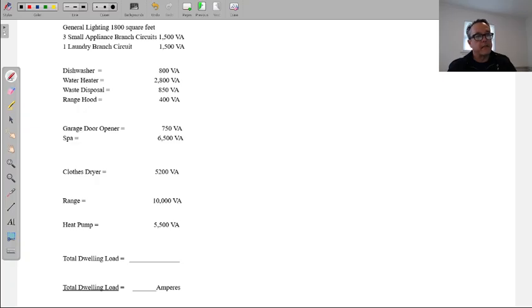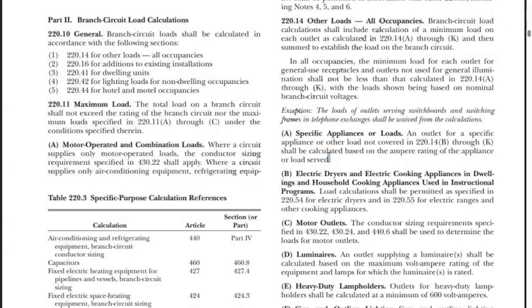Specific appliances or load, an outlet for a specific appliance or other loads not covered in B through K shall be calculated based on the amp rating of the appliance or load served. This is the section we're looking at here. Now, it does say the amp rating of the appliance or load served.